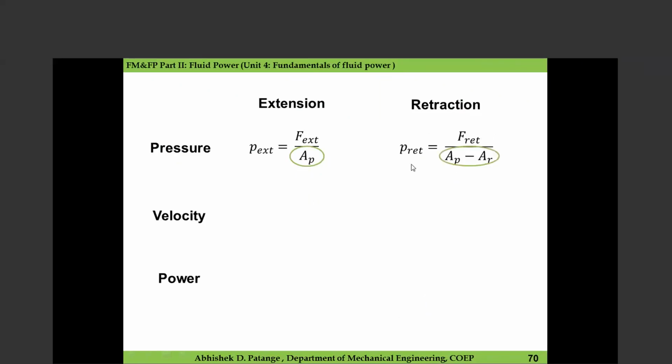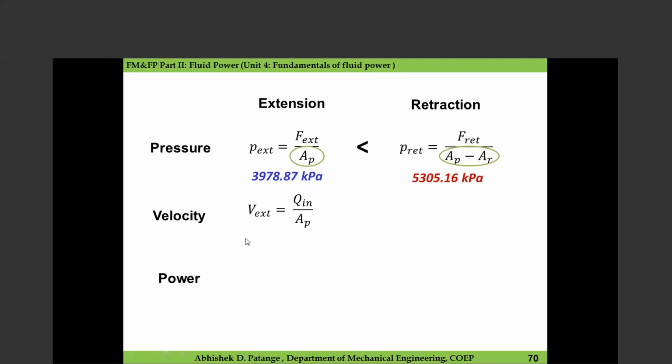Since here AP is used and there AP minus AR is used, obviously the area of piston is larger than the area of piston minus area of connecting rod, and this will affect the magnitude of pressure generated during extension and retraction. Pressure generated during extension was 3978 and for retraction it was 5305. This is happening because of the area considered for these two strokes. So this proves that pressure generated during the extension stroke is always lesser than pressure generated during the retraction stroke. This is because of these areas.